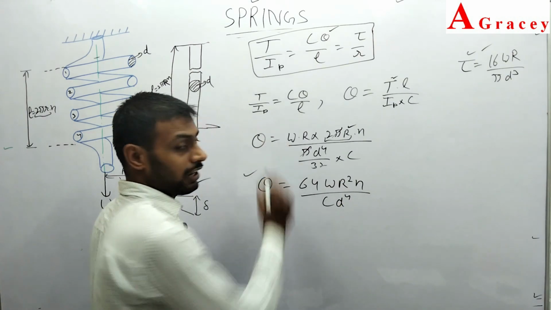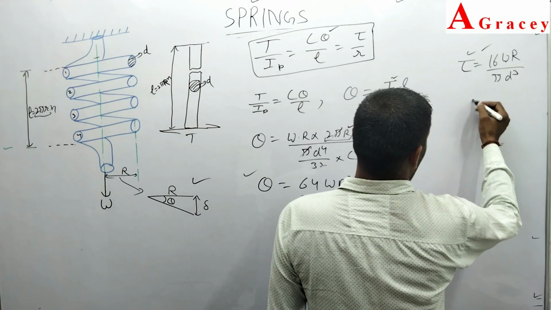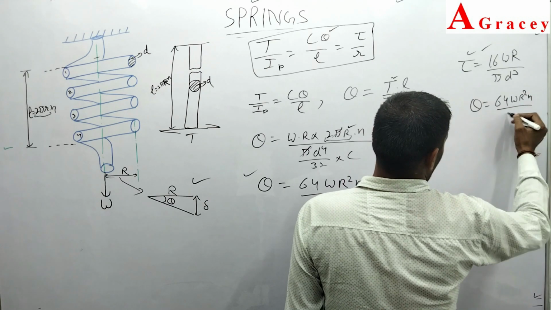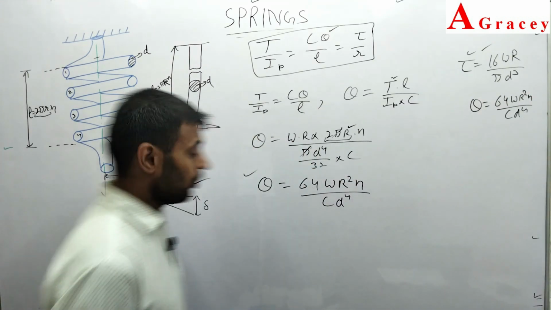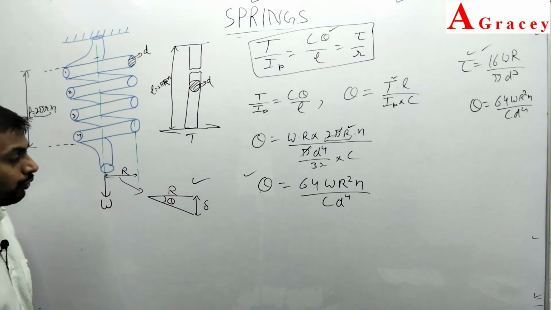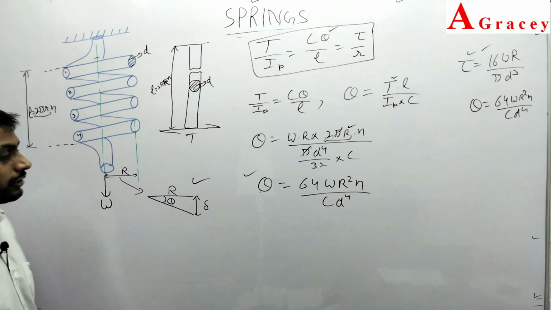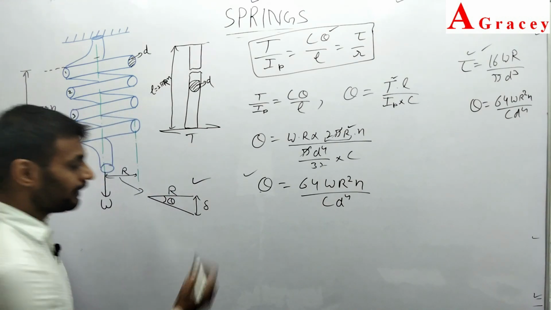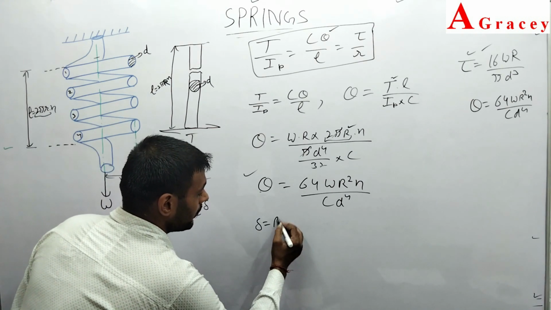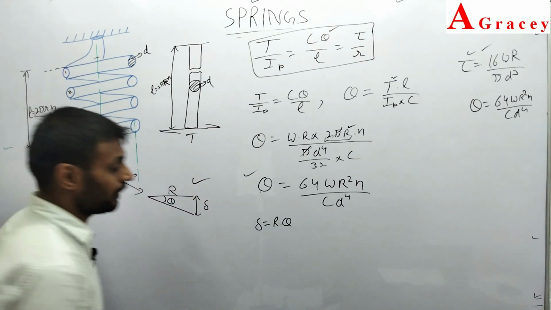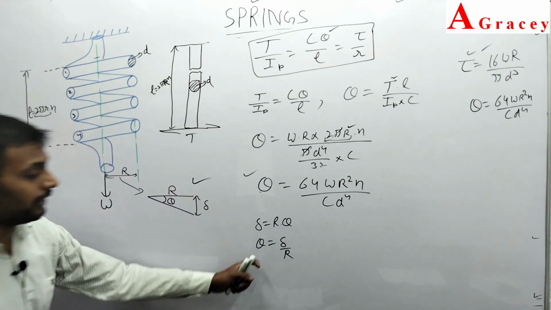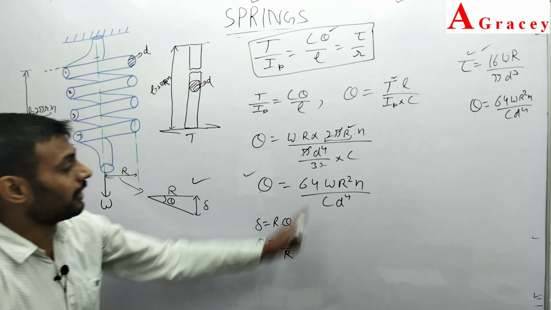So this formula we also use in the numerical. So I will write here θ is equal to 64 WR²n divided by Cd⁴. Now you know θ is the angle of twist due to the axial loading W, and the deflection δ is produced here. So we can identify δ also, and δ is equal to Rθ, or θ will become δ by R. Both expressions for θ are the same, so we can equate them.